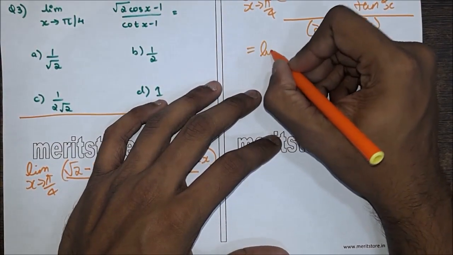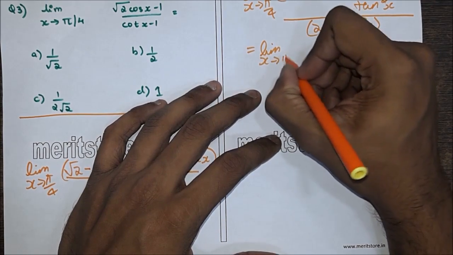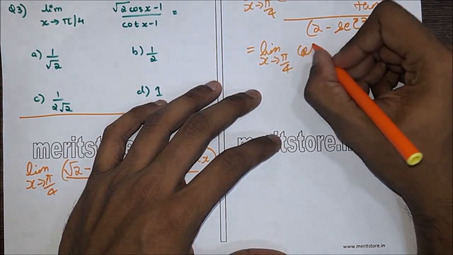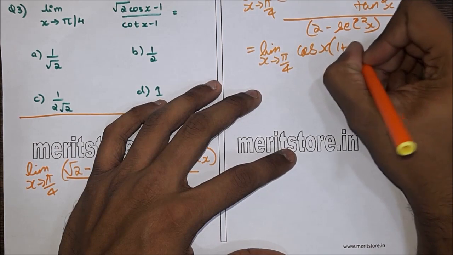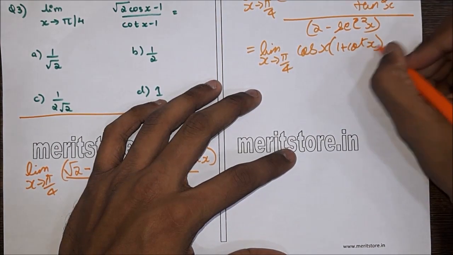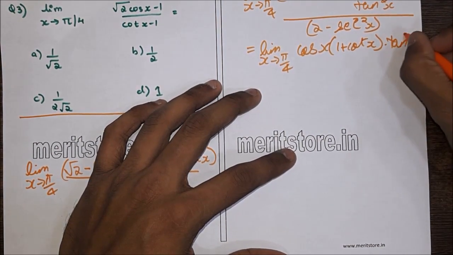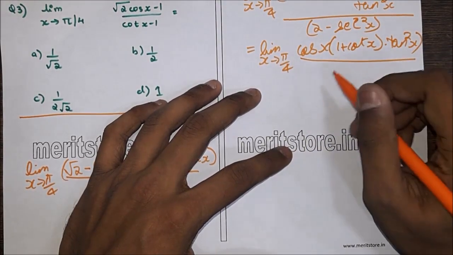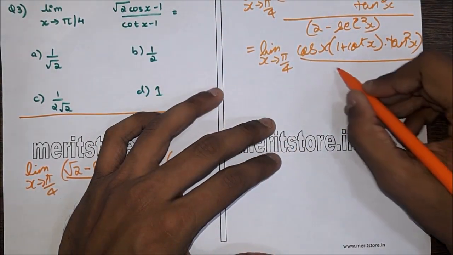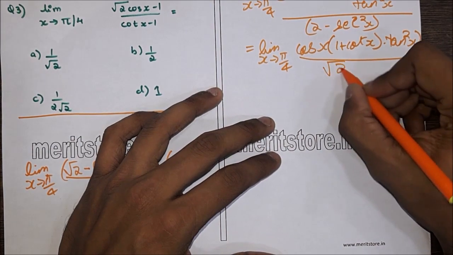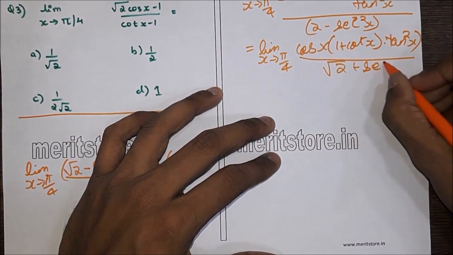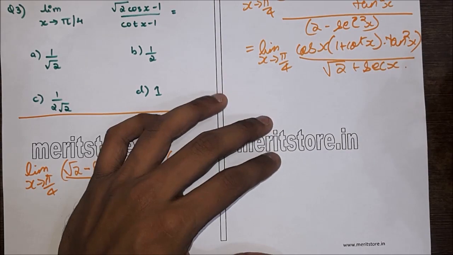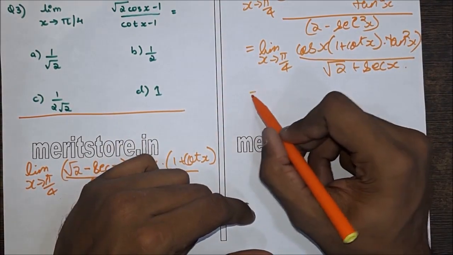That would give us limit of x tends to pi by 4, cos x (1 plus cot x) into tan square x, after terms have been cancelled out in the numerator and denominator. So we have root 2 plus sec x in the denominator.